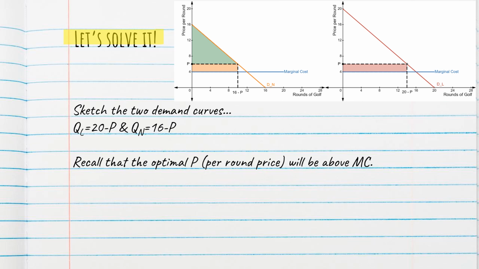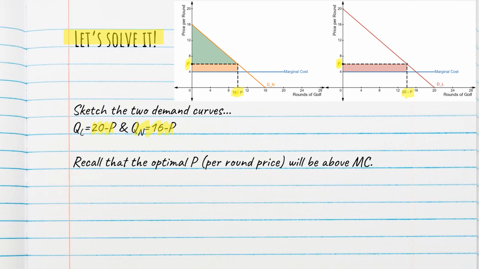So that's why in my graph you see I've labeled a P, an optimal price. At this per round price of golf, the number of rounds demanded by non-locals is 16 minus P, coming from their demand curve, and the number of rounds demanded by locals is 20 minus P, coming from their demand curve.